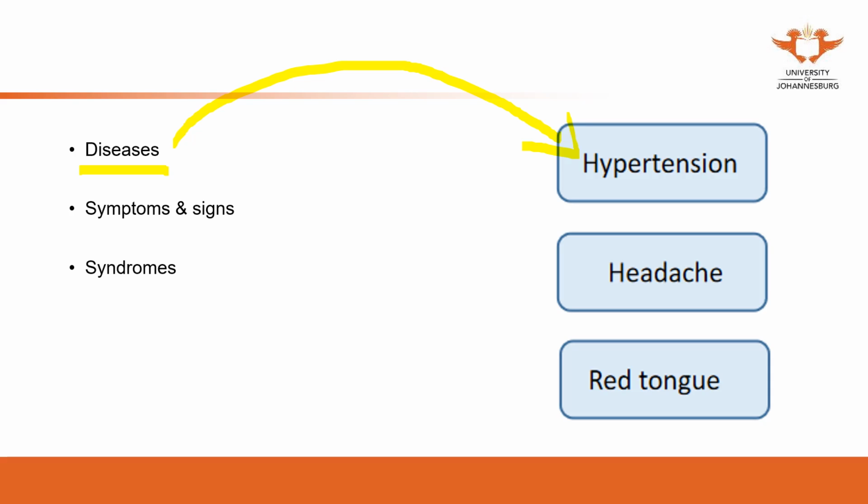For example, when we talk about hypertension or pneumonia, when we talk about hypertension, what are the possible causes? What are the contributing factors of hypertension? How does hypertension develop? And in the end, what are the complications? What is the patient's prognosis?